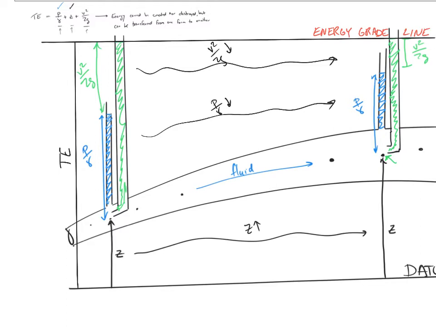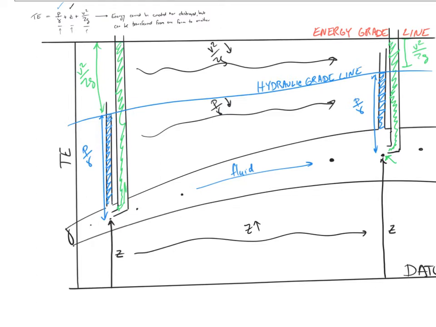This line, which is going to be harder to see because it's not flat, is the hydraulic grade line, the HGL. Basically the hydraulic grade line is the energy grade line ignoring this V squared on 2G.